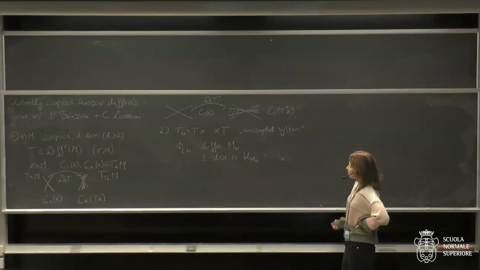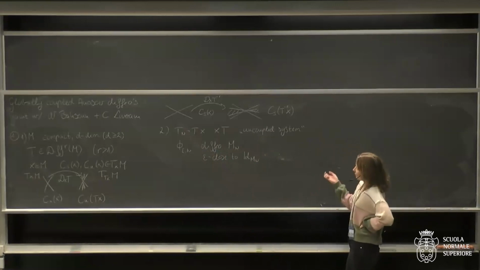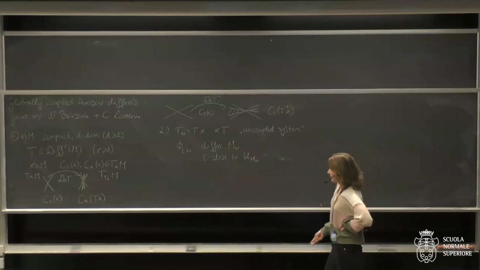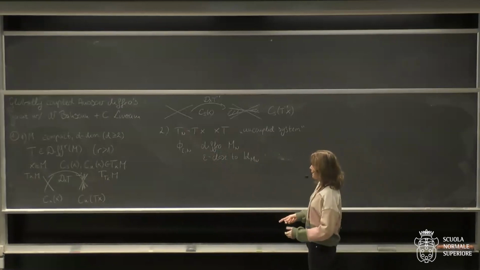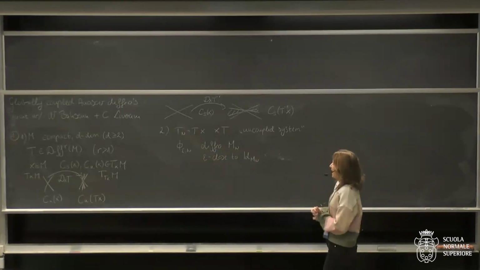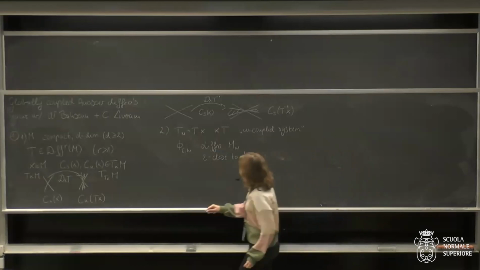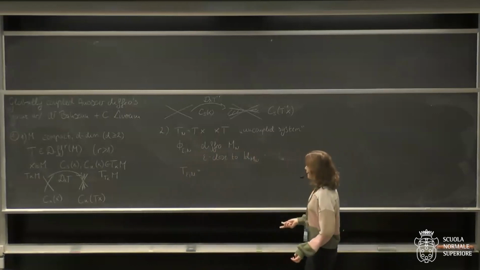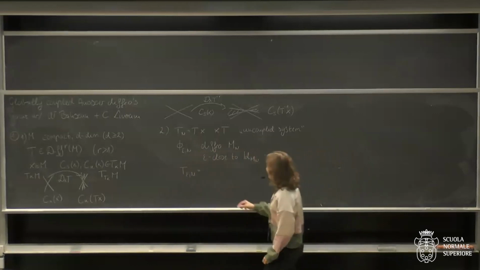So the way you should think of this is that if epsilon equals 0, then this is just the identity, so you don't have any coupling. And if epsilon is small, then we barely have any coupling. So the coupled map is just going to be the composition of these two maps.